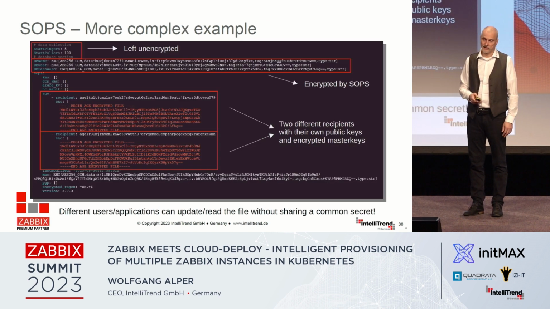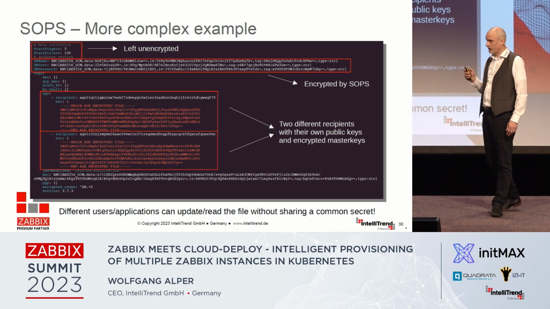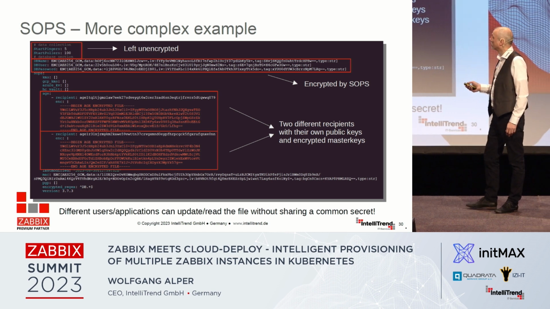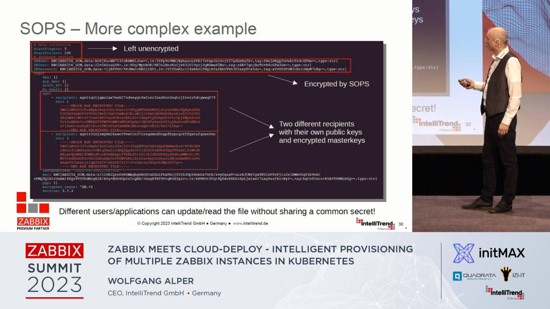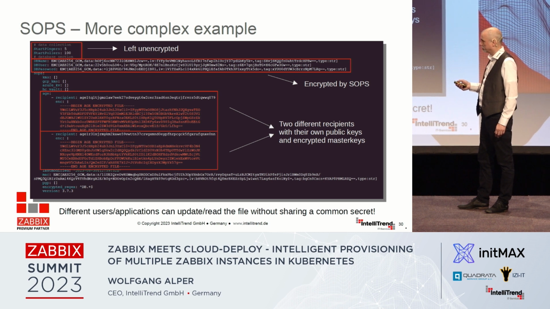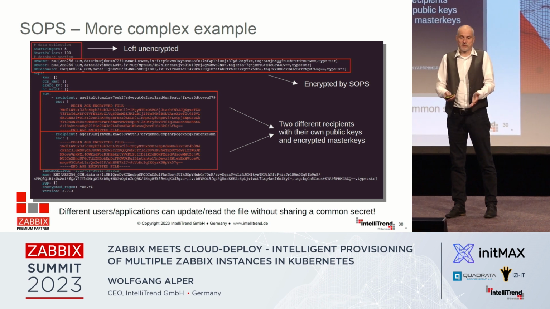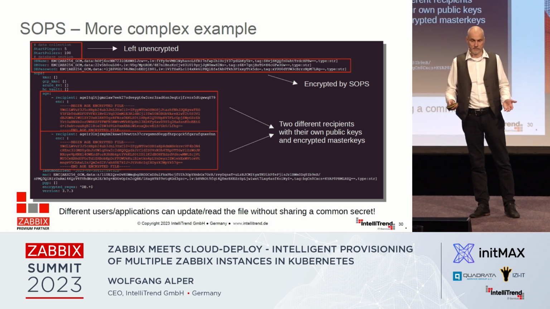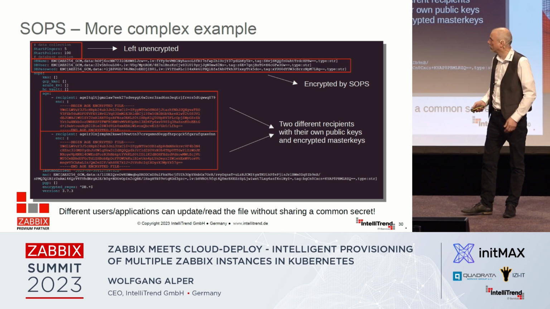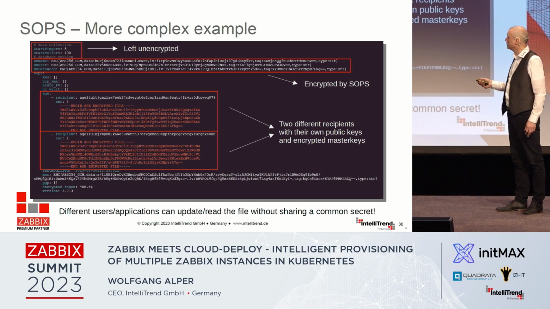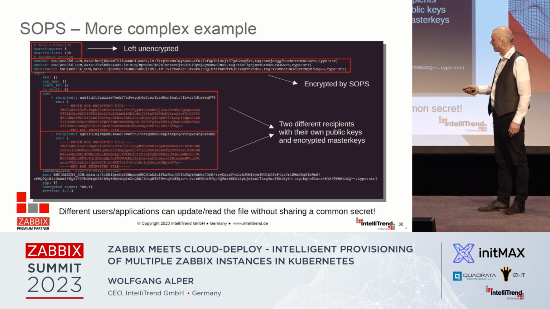A more complex example looks like this. Again, we have a couple of keys, but not all keys are encrypted, just some of them. For example, the role definition here, we leave unencrypted because it would not add any value if you encrypted it, and so it's much more readable. Now we have two different recipients defined here.